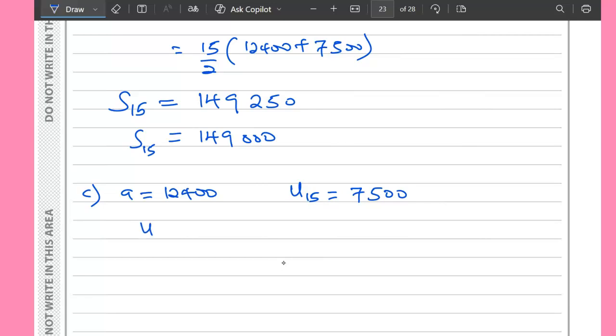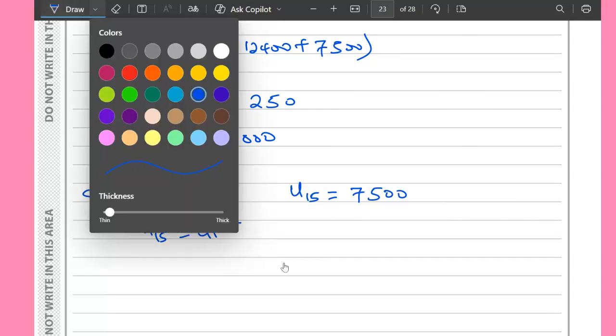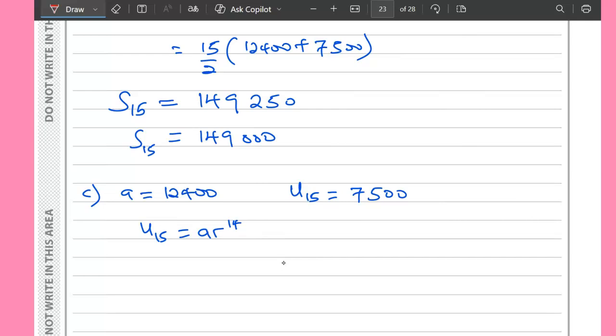So we know that the 15th term is given as ar power 14. Of course, the formula we are using, we know that if it is a GP, then the nth term is ar power n minus 1. So if it is the 15th term, then we'll have ar power 14.